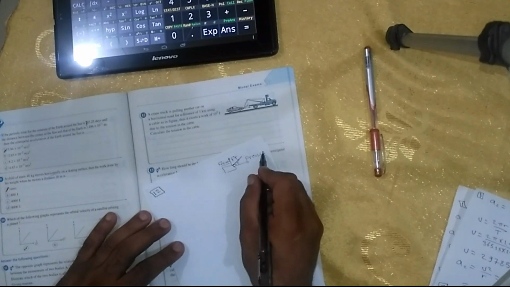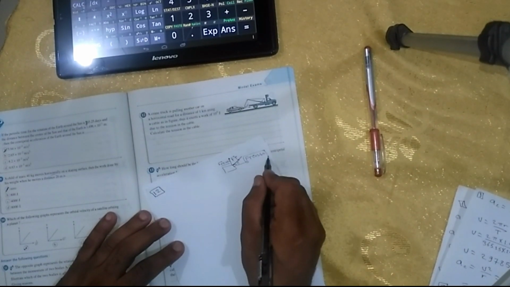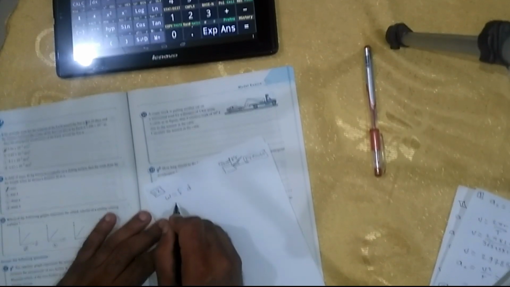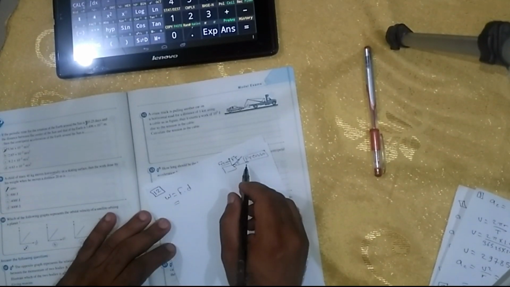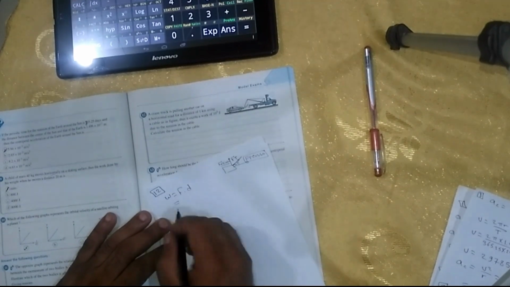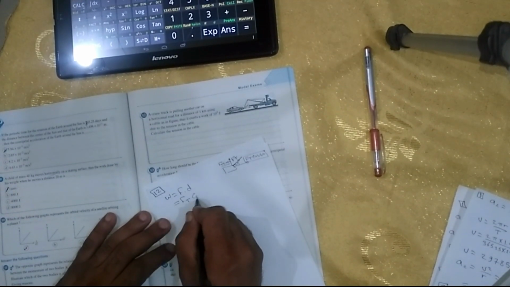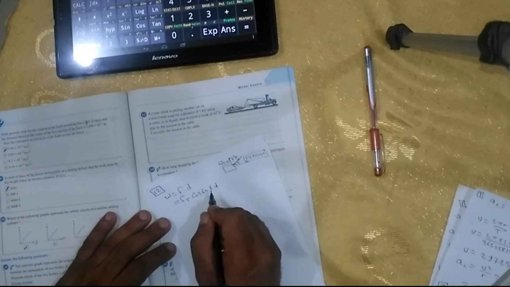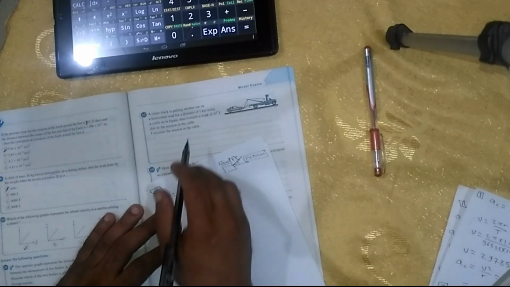The car moves under the effect of this force. So work done equals Fd. In this case, the force that pulls the car equals Ft cosine 60 times displacement. Work equals 10 power 5.